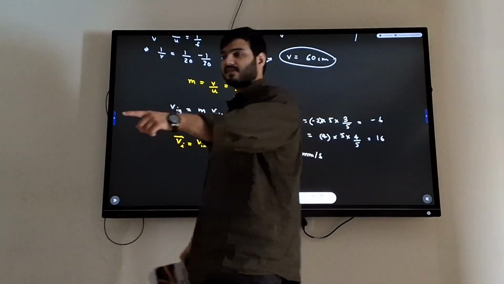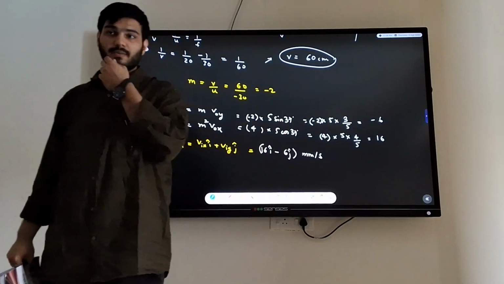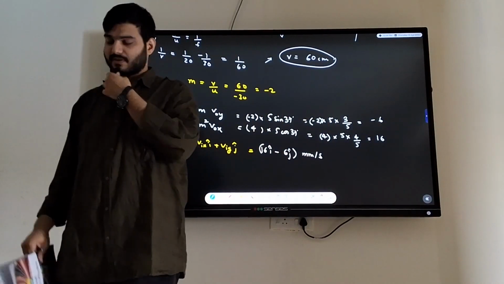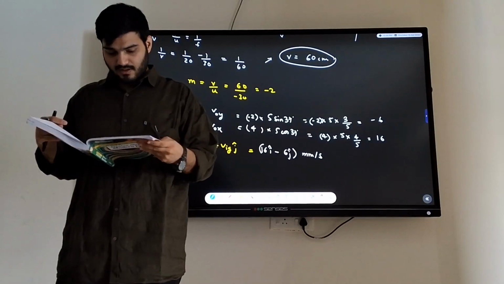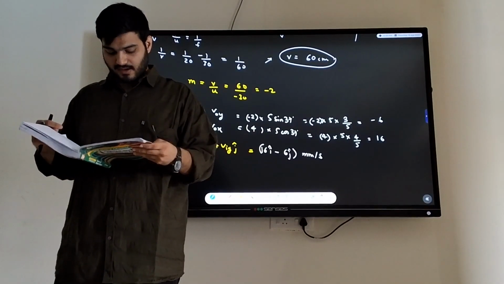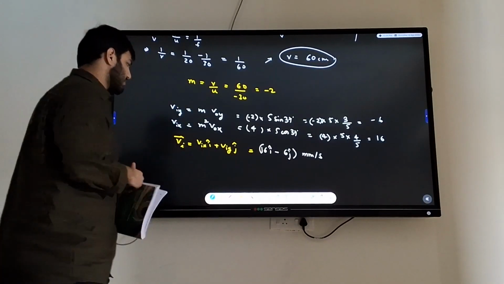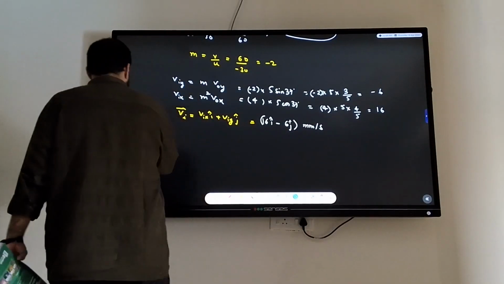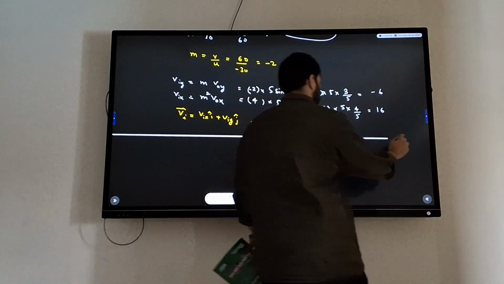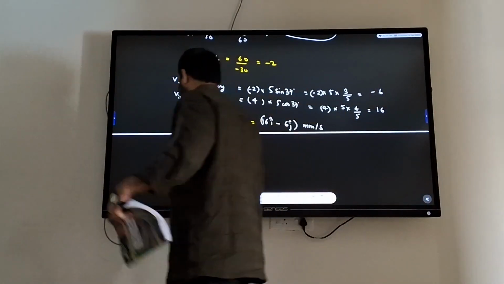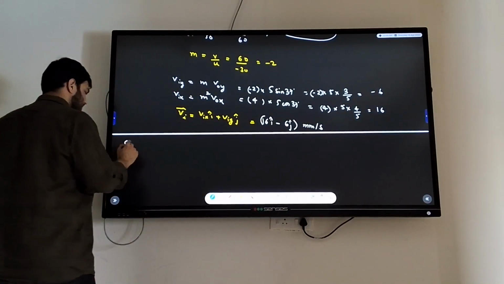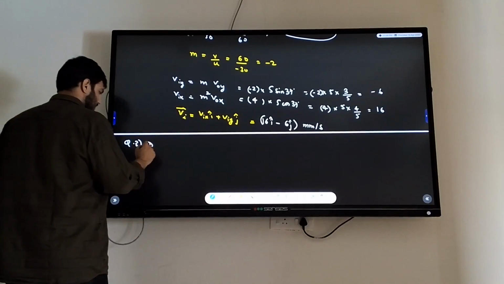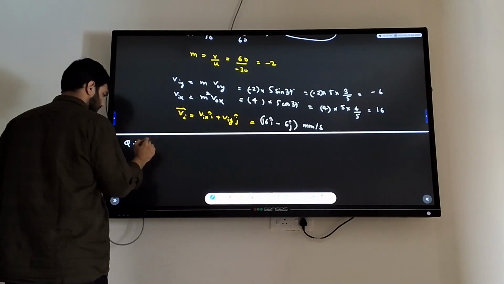A convex with a concave in front of it. I might have done it. Yes, sir. Not a mirror, rather a lens. Now let's try to do this question. Again, a question that we have already done in the class, but making the ray diagram is going to be interesting. Question number 3, maybe, from the sheet.